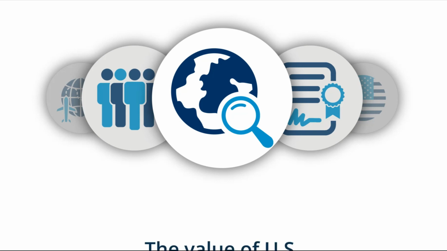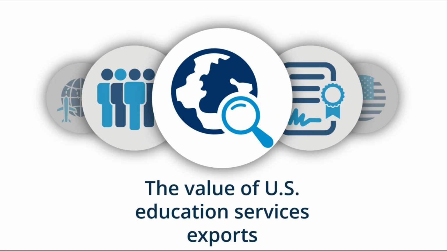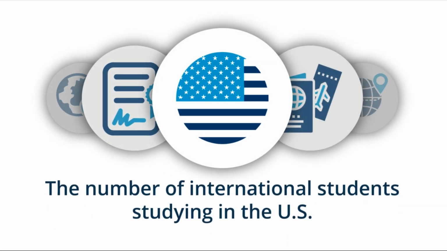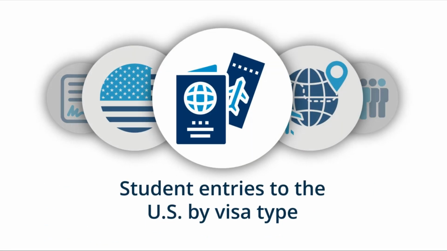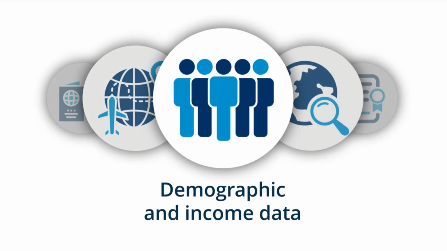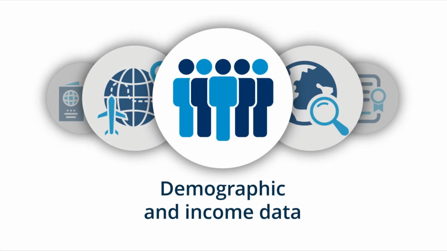These include the value of U.S. education services exports by country, policies and regulations in other countries that could affect how you do business there, the number of international students studying in the United States by country of origin, state, education level, and gender, student entries into the U.S. by visa type and country, the number of college-level students studying abroad around the world, and demographic and income data for each market.